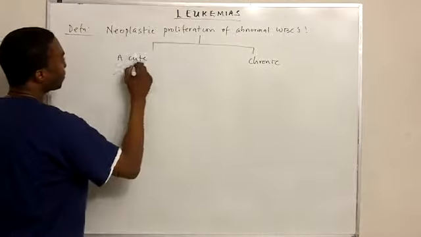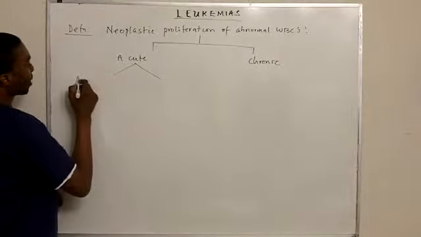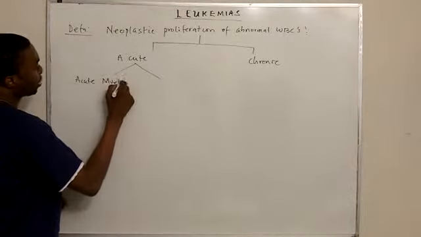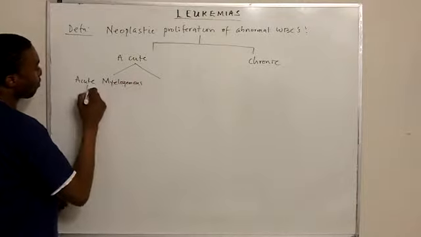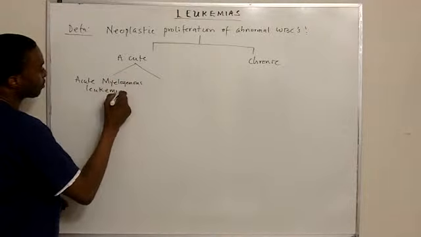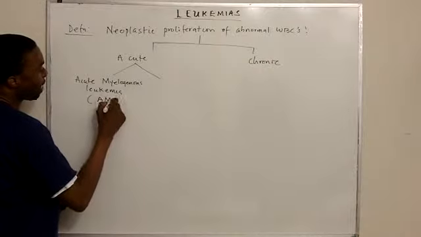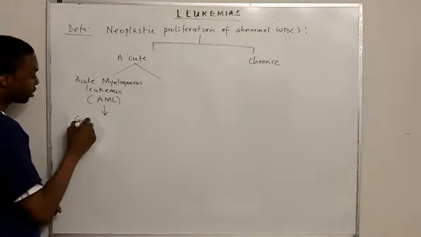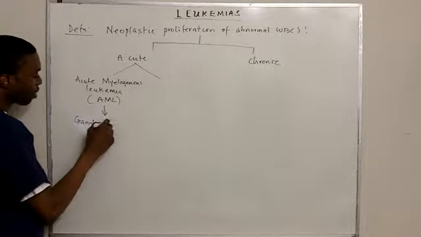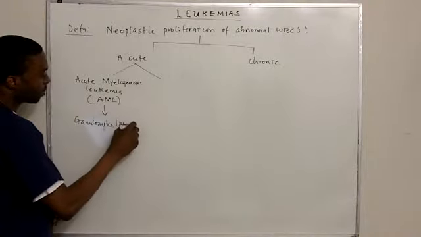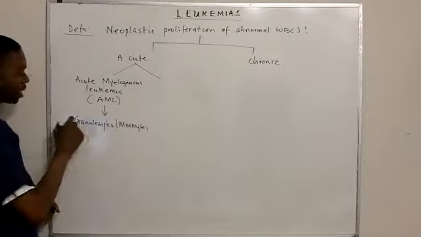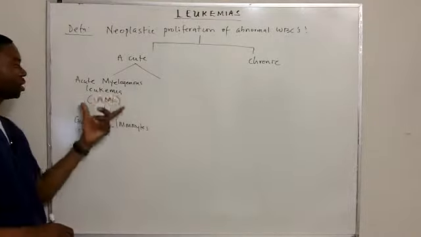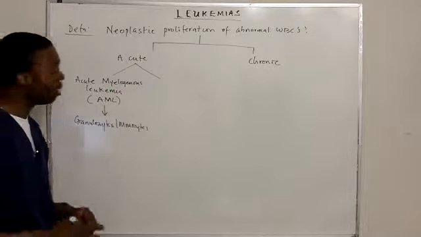So we can have acute myelogenous leukemia, also known as AML. But remember, this is when the granulocytes or the monocytes are affected. Monocytes are going to make macrophages and granulocytes are your neutrophils. That's called myelogenous, that's AML.